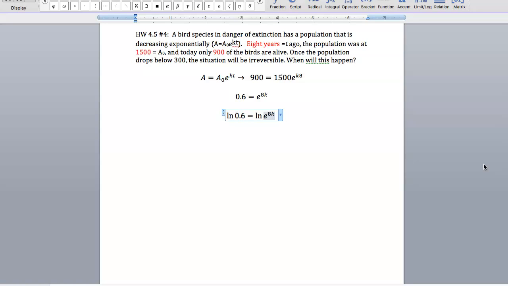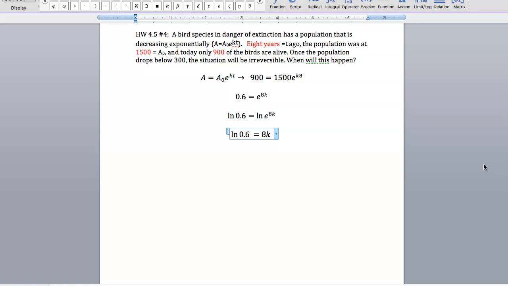Well, now we can use a rule of exponents that says when I have the log of something to a power, I can bring that power down in front and multiply. On the left, still natural log of 0.6 equals, and now I'm going to have 8k times the natural log of e. But the natural log of e, that's log base e of e. That's just 1, so I'm not going to write natural log of e, because it's just 1.